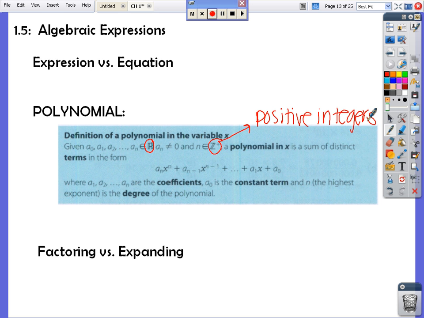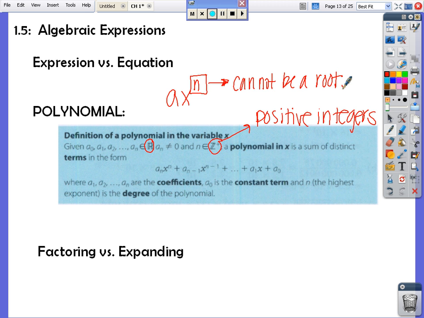Most of you should know. The thing that I wanted to point out is understanding that the power of n, so a x to the n, must be a positive integer. So it cannot be a root, a third. In this section, we really talk about factoring versus expanding.